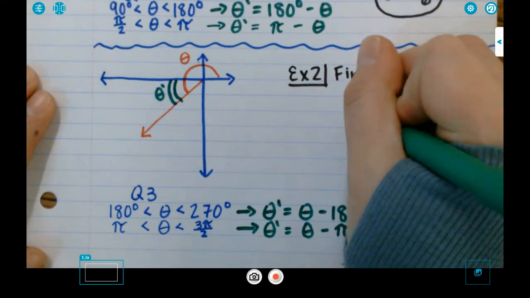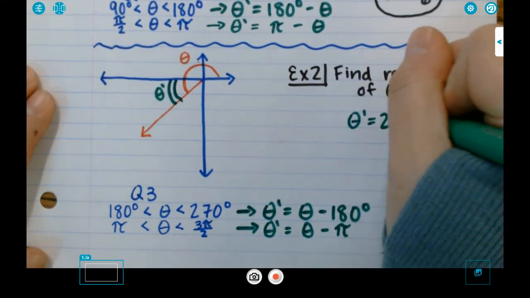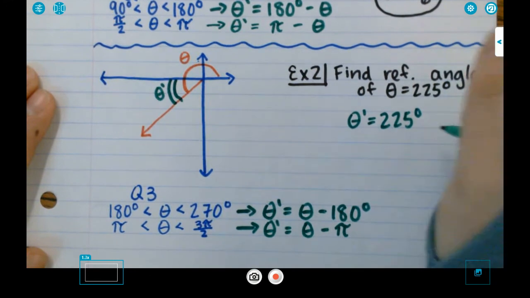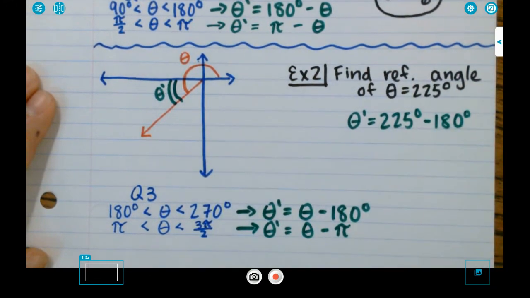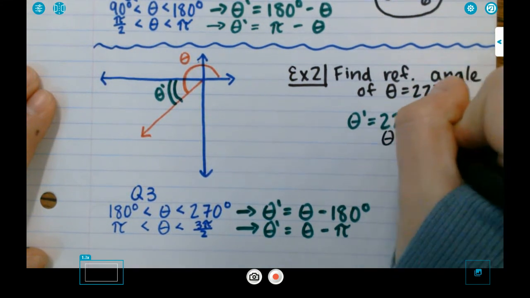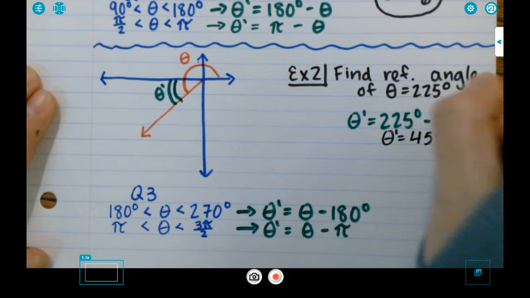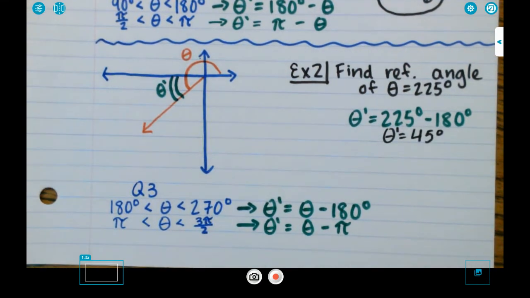So theta prime equals 225 degrees minus 180 degrees. 225 minus 180 is 45. Theta prime equals 45 degrees. So basically you're asking yourself, a 225 degree angle, how far away is that from the positive or the negative x-axis, which is 180 degrees?